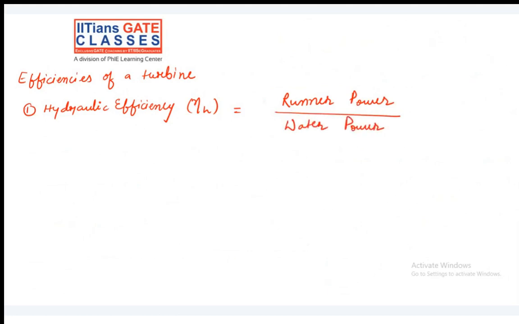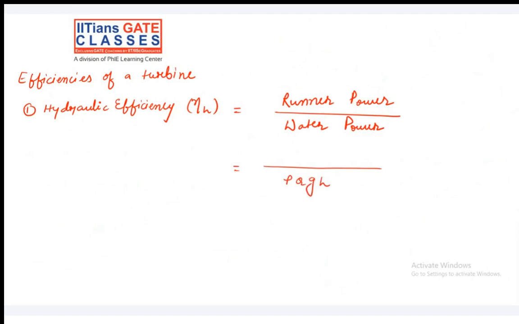Means whatever power the water was carrying with it, and the runner must have developed some power, then the ratio of these two is called what? Hydraulic efficiency. Okay, so this is equal to what? Water power is nothing but rho q g h.